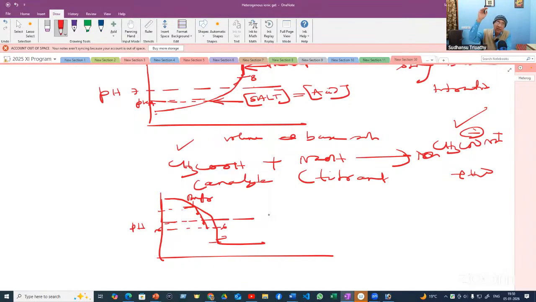At a certain concentration where the salt, ammonium ion and ammonia, are equal, pOH will be equal to pKb. So the corresponding pOH is equal to pKb, and pH will be less than 7.